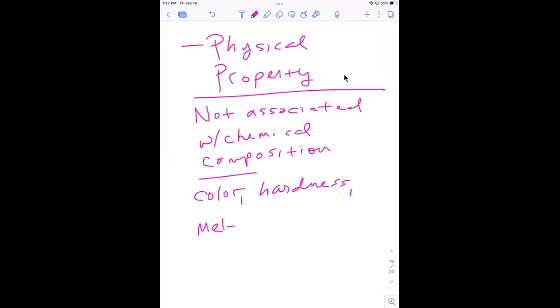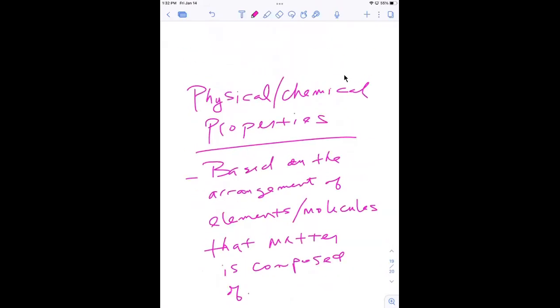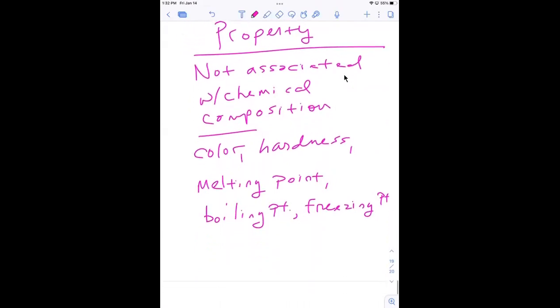So I'm going to say melting point, boiling point. I'm going to abbreviate point. Freezing point.